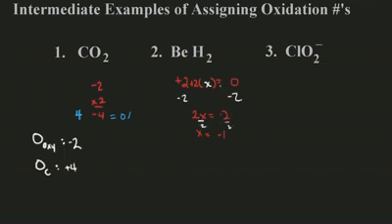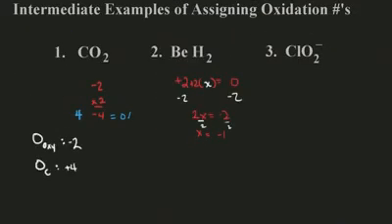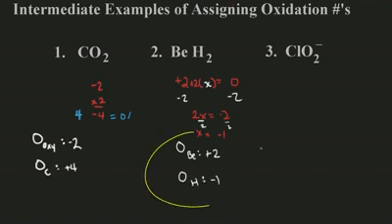What that told you is hydrogen, which normally we've been labeling a +1, has now become a -1. That's why I told you it's not necessarily going to be the charge that you see associated with these elements. So the oxidation number of beryllium is a +2, and that of hydrogen is a -1.